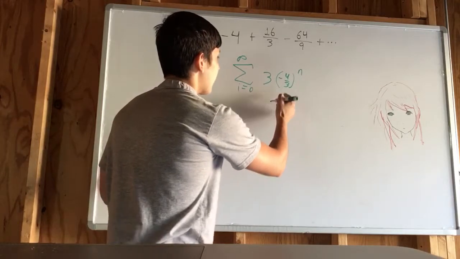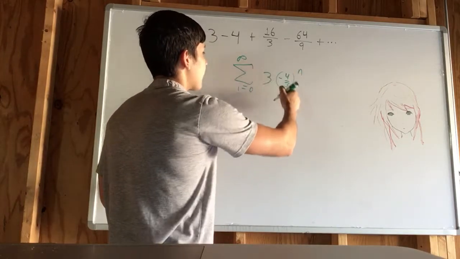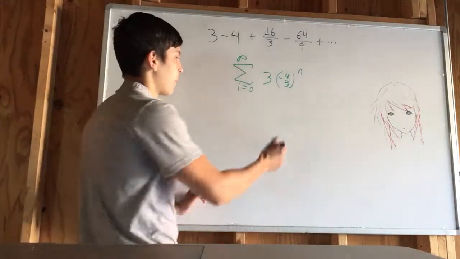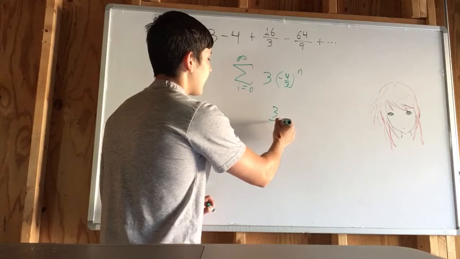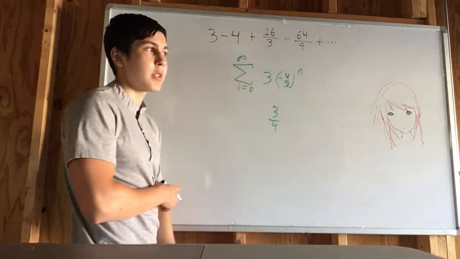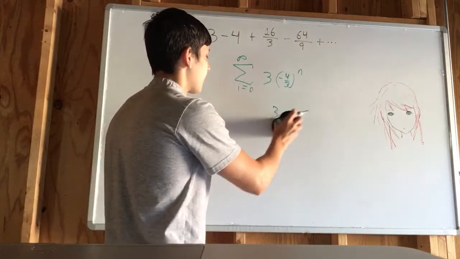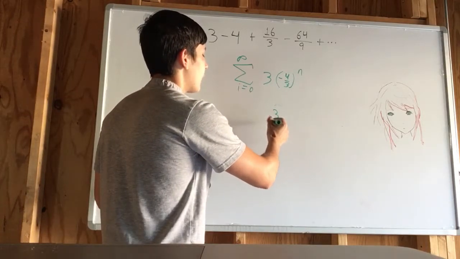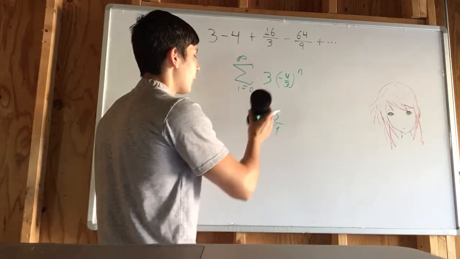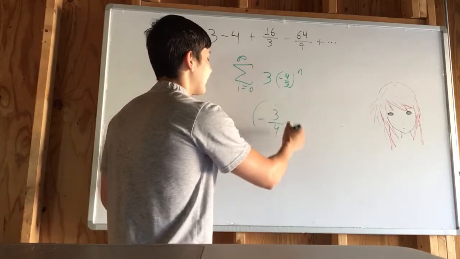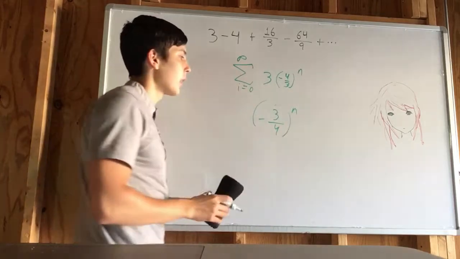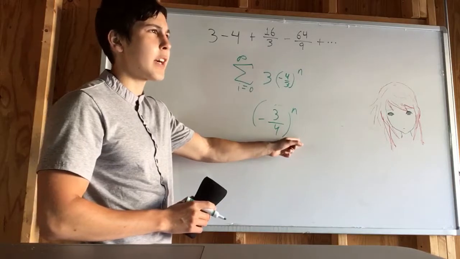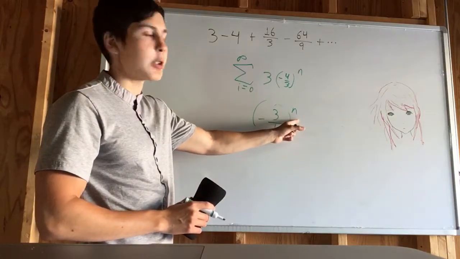So the only way we know for sure that this is going to converge is if the absolute value is less than 1. So if this was like 3/4, we would know that this converges, because it's actually pretty intuitive. If it's -3/4 or 3/4, whatever it is, and it's taken to an exponent, you're constantly going to be adding a smaller and smaller fraction as the exponent grows larger.